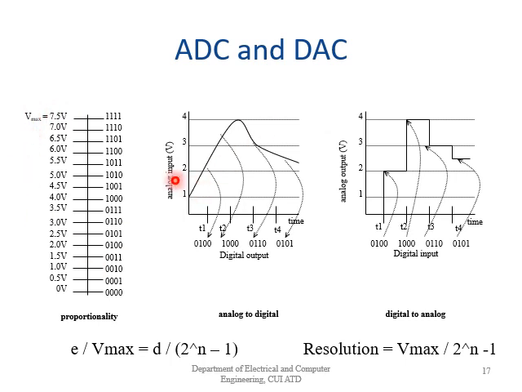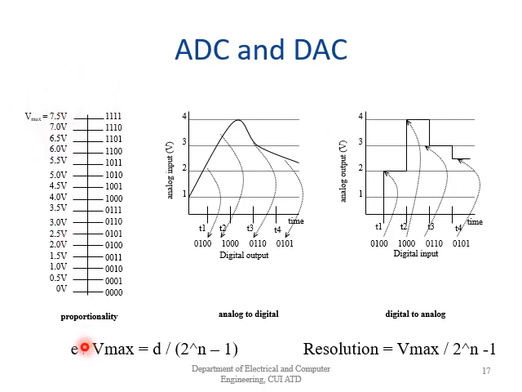Here we are mapping input voltage, that is analog, to digital output. So for example, here we have 3 volts. So our analog voltage is 3. E represents the analog voltage here, and our maximum voltage according to this table is 7.5.